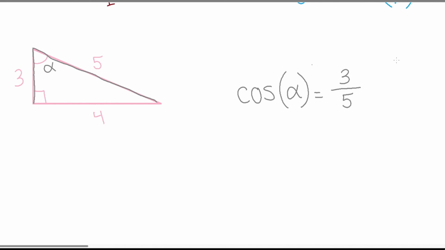So similarly, we're going to take the inverse cosine. The inverse cosine and the cosine would cancel out, and we obviously have to do this on both sides.